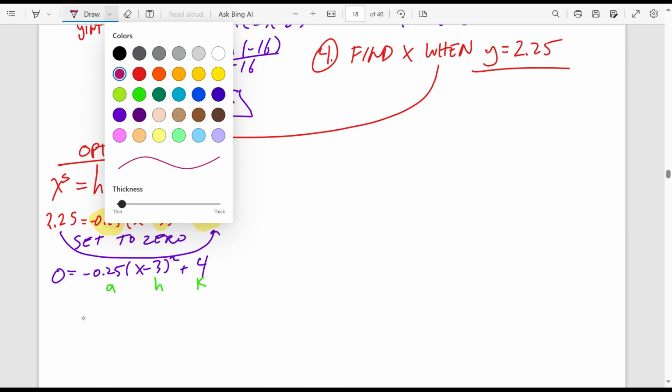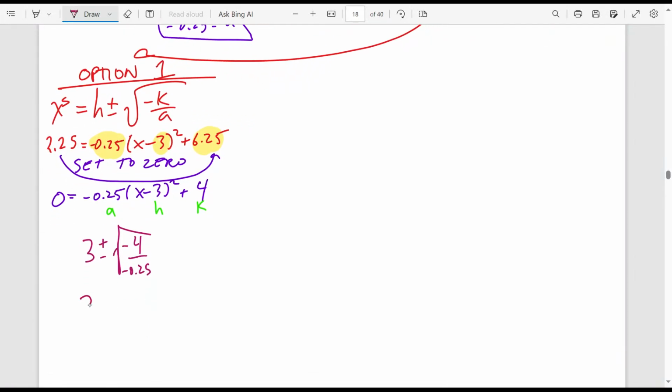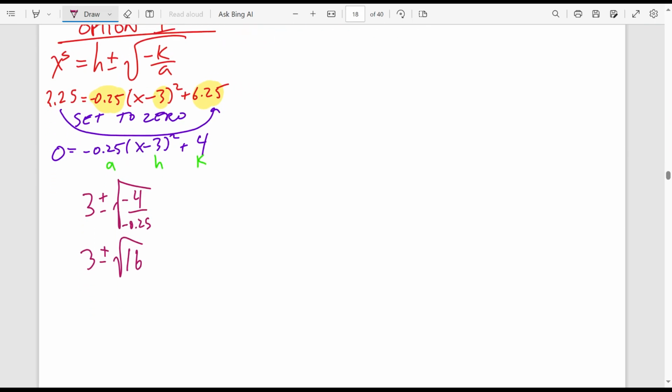So the h plus or minus, so 3, and I'm going to take the actual value of the h, so positive 3 plus or minus square root of negative 4 divided by negative 0.25. So 3 plus or minus square root of 16. And then 3 plus or minus 4. Now I can split it off. 3 plus 4, 3 minus 4.